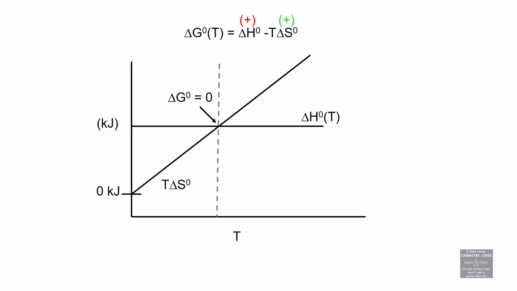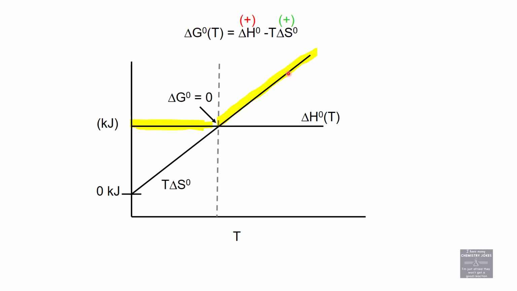And if we look, prior to that, this delta H value is a higher number than this T delta S value. But once we cross over that threshold, this part is the dominant term up here. So prior to the boiling point, melting point, whatever this transition temperature is, the delta H term is dominant, and our G stays positive.